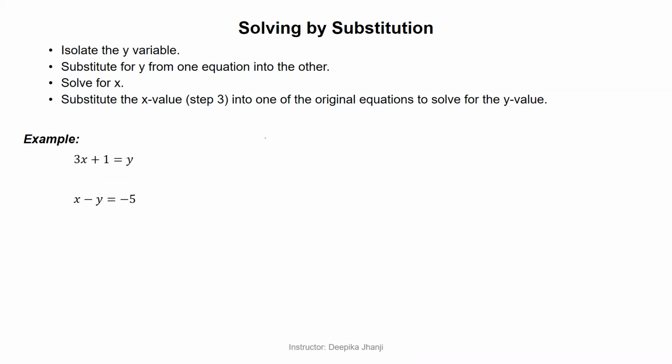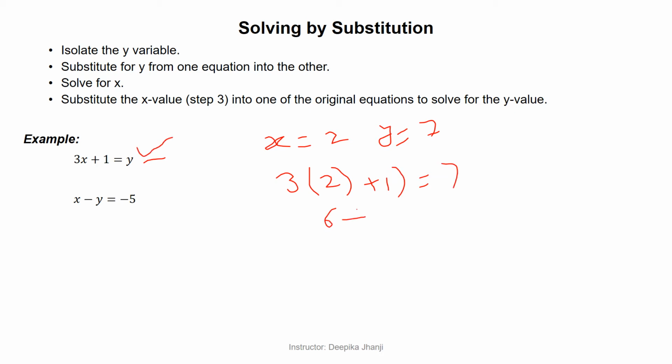So we have x equal to 2 and y equal to 7, and we want to verify our result. 3 times x, which is 2, plus 1 equals y, which is 7. This becomes 6 plus 1 equals 7, and 7 is equal to 7. So we get left hand side equal to right hand side. That means our solution is correct.